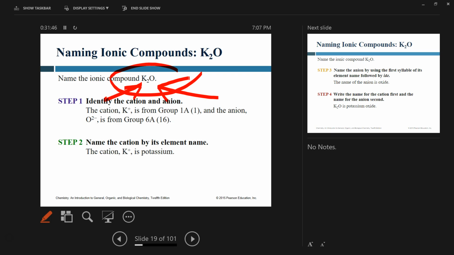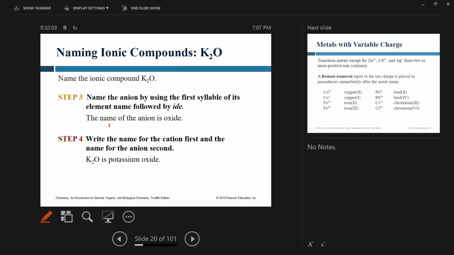It belongs to the first group. The charge will be +1. Oxygen belongs to the 6th group. The charge is -2. So the cation is named the same as the element, potassium. And the anion is named ox, the first syllable, plus ide: oxide. Potassium oxide. Does that make sense?